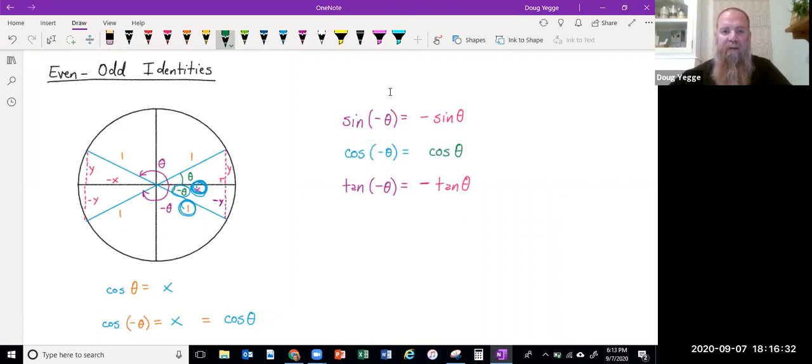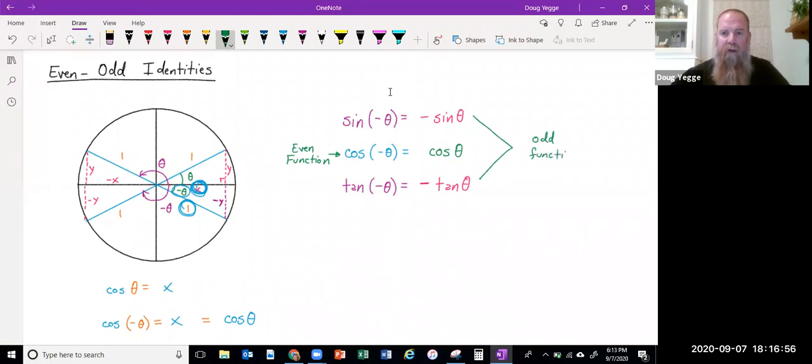That's because this is referred to as an even function. Just like from algebra, when you evaluate f of negative x and you get the same thing as f of x, that's considered even, while both of these are considered odd functions.